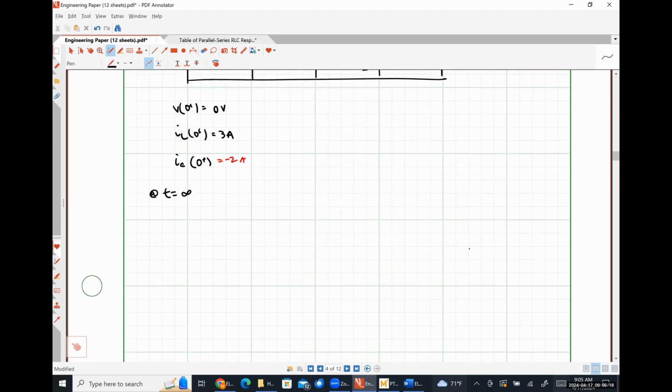So at t equal to infinity, same basic configuration that we had at 0 plus, except that now our energy storage elements are at DC steady state. So here's our resistor. Our inductor is a short. Our capacitor is an open. 1 amp source.